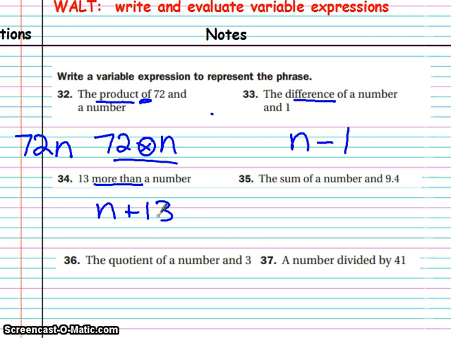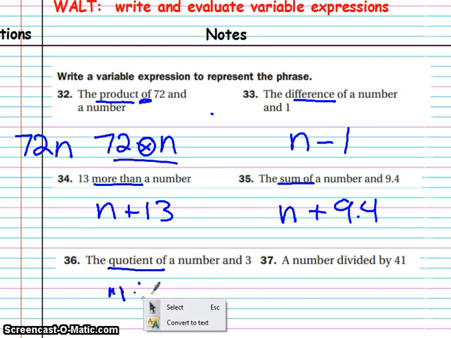The sum of a number and 9.4. The sum is going to mean add. So it's going to be some number plus 9.4. Let's just finish these two quickly. The quotient of a number and 3. Quotient means divide. So it's going to be n divided by 3.